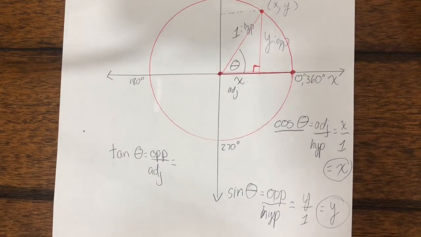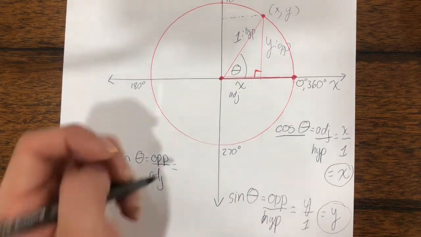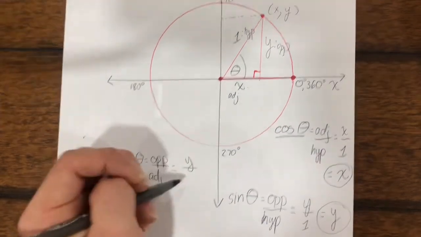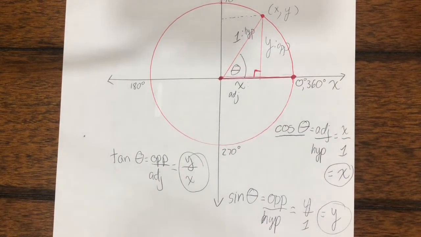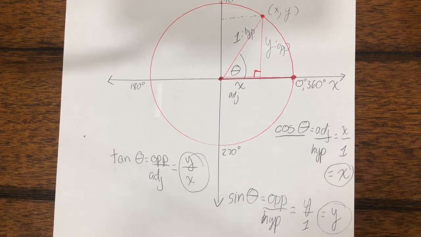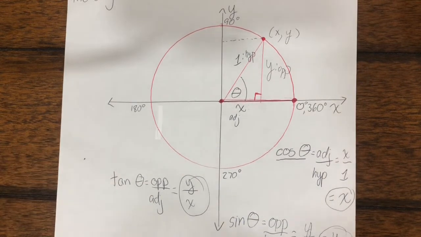All right. So we already labeled which side is opposite and which side is adjacent. The opposite is y and the adjacent is x. So tan of theta equals y over x. So we were able to write out the three trigonometric ratios for this right triangle inside a unit circle.